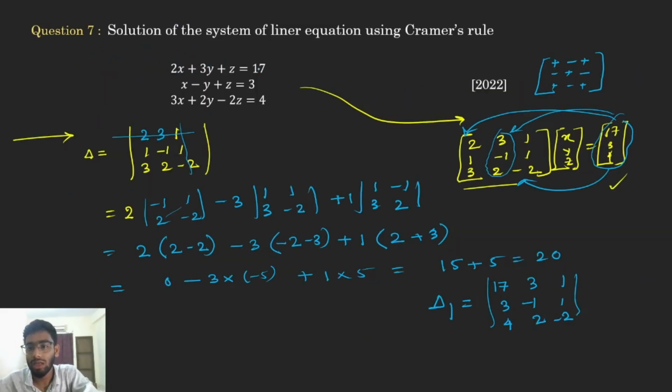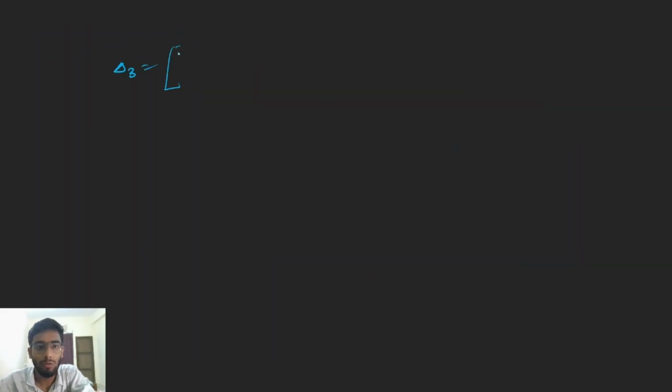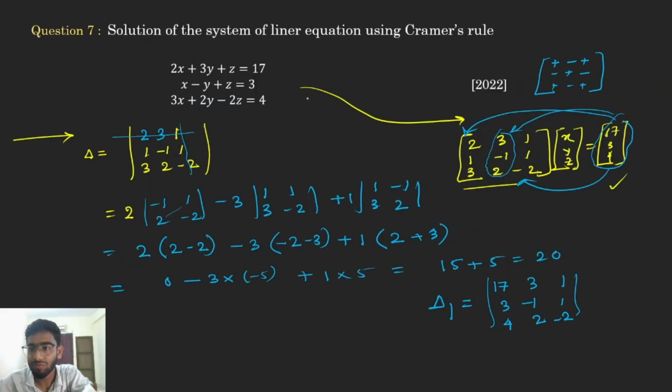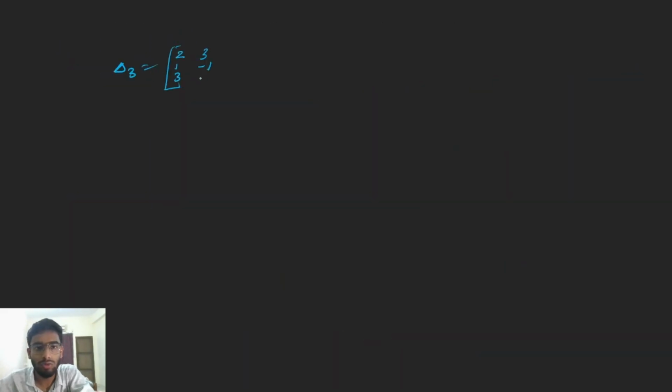Okay, so we are calculating del 3. What will be del 3? 2 1 3, 3 minus 1 2, and the third column will be 17 3 and 4.